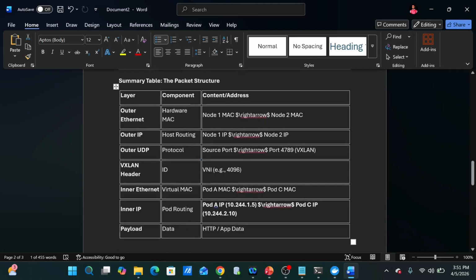You can summarize the packet structure in that manner, like there are layers. The outer Ethernet layer has some hardware MAC, like node 1 has some MAC, node 2 has some MAC. Outer IP, like node 1 has some IP, node 2 has some IP. Outer UDP protocol, supported by using VXLAN 4789, it's communicating.